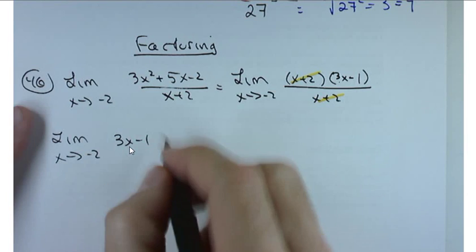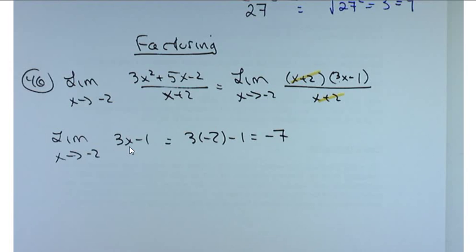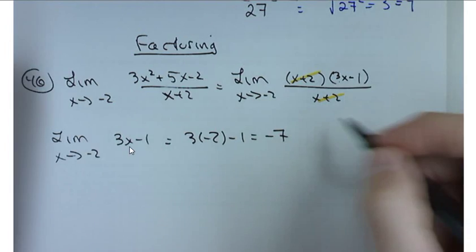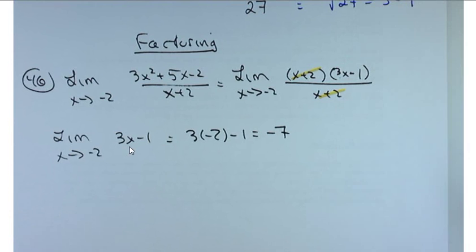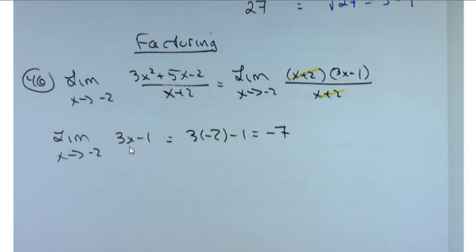So 3 times negative 2 minus 1 is negative 7. Done. But the trick in this one was to factor. Any follow-up on problem 46 here? Looking good on that one? Yes? If you try putting in the number originally, you'd end up with 0 over 0.